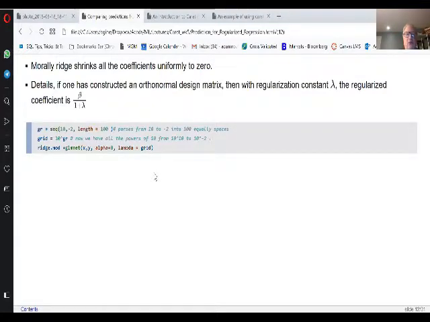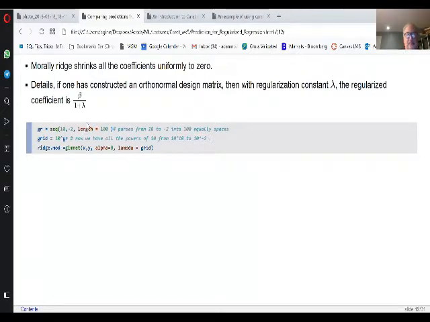Okay, so just recall what ridge does is it uniformly shrinks the coefficients. It puts them in a round ball, a circular ball. And if your data matrix was nice, in other words, if you set it up so your features are uncorrelated, which means orthonormal, then the shrinkage is by 1 plus lambda. So if your regularization constant is lambda, it shrinks by a factor of 1 plus lambda.